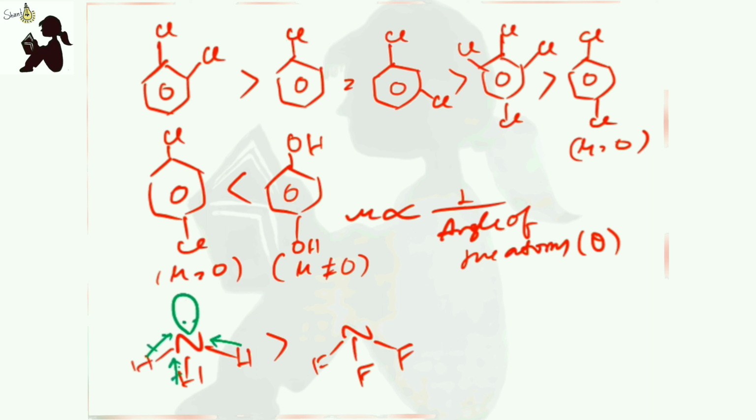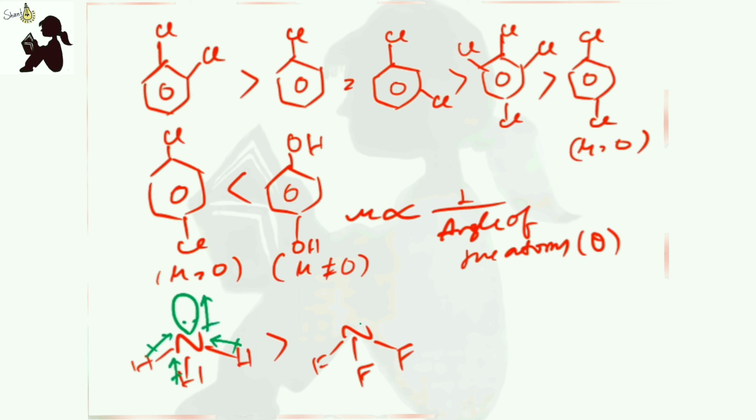So what is it doing? It is attracting their electrons towards this nitrogen, and because of this dipole moment, what happens? This lone pair also attracts them, so they have a summative situation here on the dipole moment.